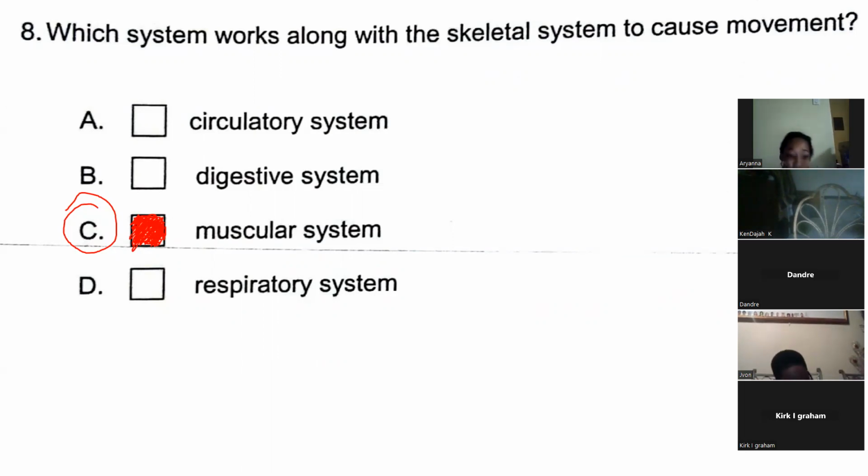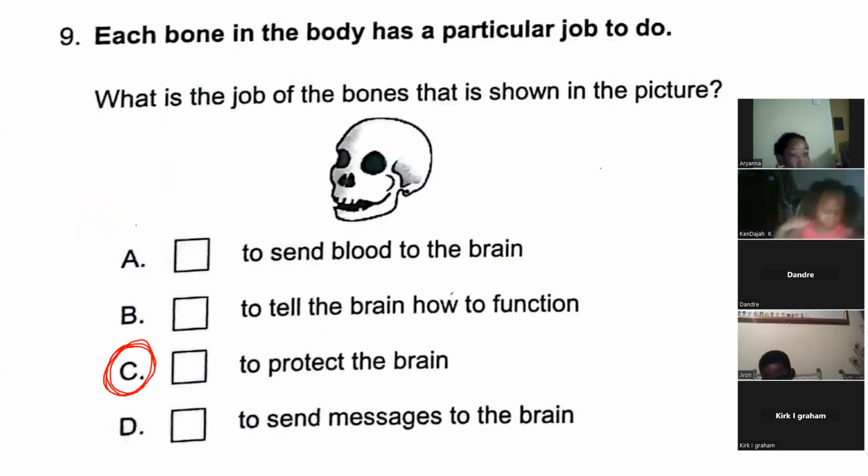All right, let's move on to question number 9. DeAndre, can you read number 9, please? Each bone has particular.